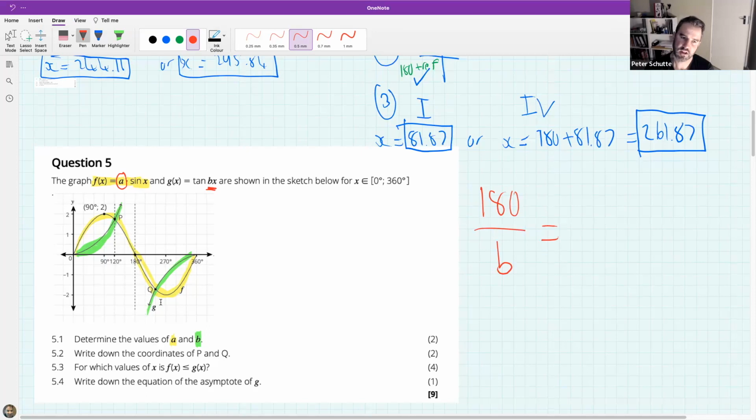If you look at this graph here, what do you think's happened to it? How long does it take to do a whole tan graph? So there's half of a tan graph, and there's the other half. So how long does it take to do a full tan graph? And maybe that can help you with the B value.